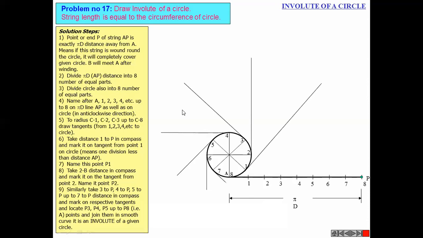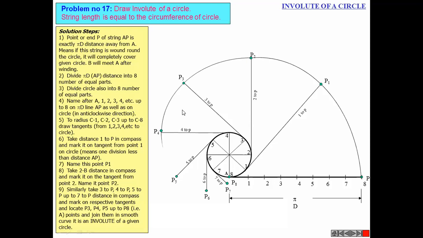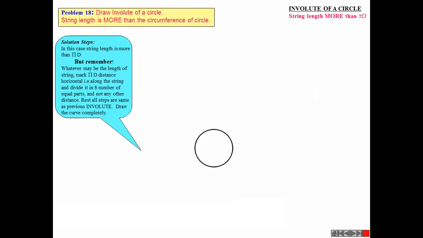We draw a tangent from every point, and then we take the first division, or first marking, to the end of the thread. Here it is P, so 1 to P, and on the tangent at 1 we mark point P1. Same way, 2 to P on 2, 3 to P on 3, 4 to P on 4, and likewise we get this curve.